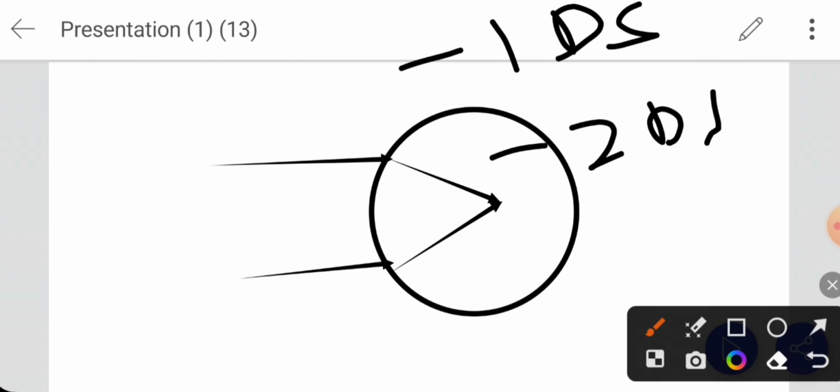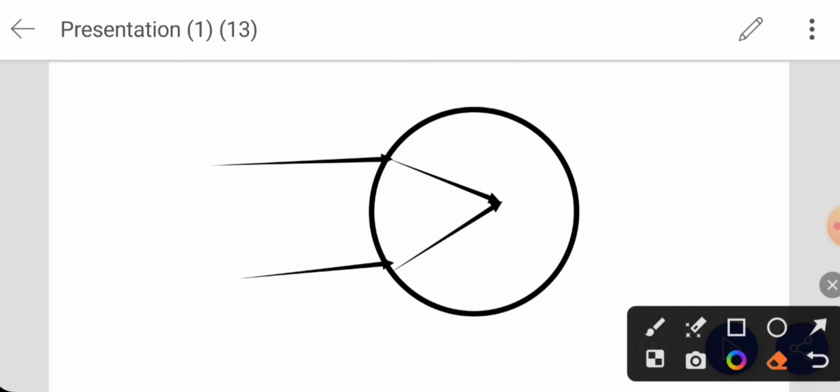Now I told you about simple myopia and hypermetropia, but there is another type of refractive error, that is astigmatism. What happens in astigmatism? As I told you earlier, suppose this is your cornea.